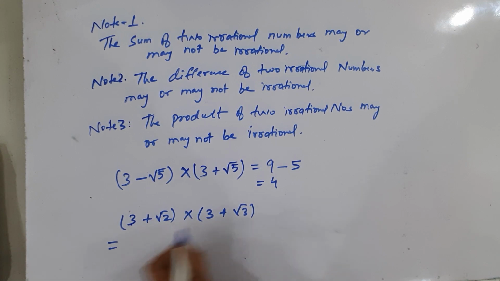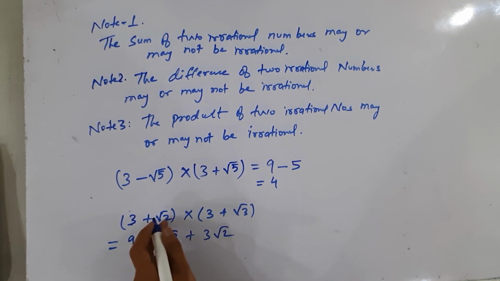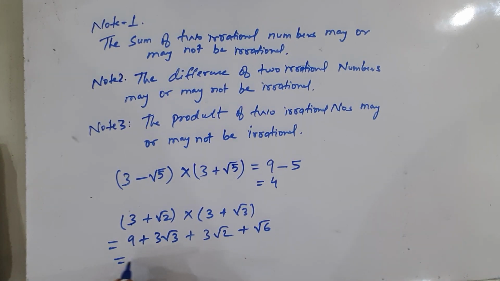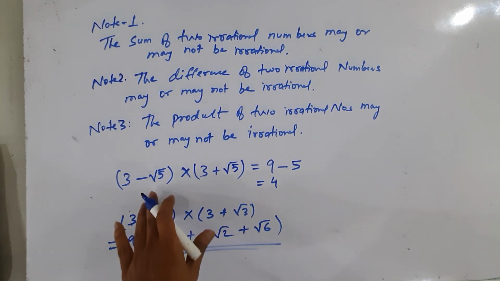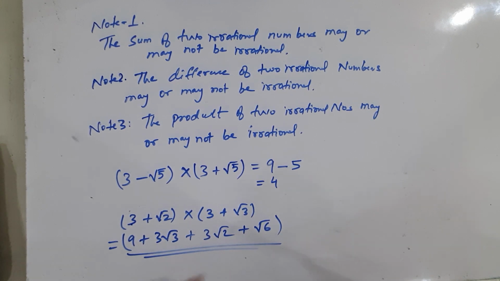So it will be 3 3 is 9, then 3 root 3, then we have to multiply with root 2 to both. So it is 3 root 2, root 2 multiplied by root 3 will be root 6. So what we have got? We got an irrational expression. So the product of irrational numbers can be rational or it can be irrational.